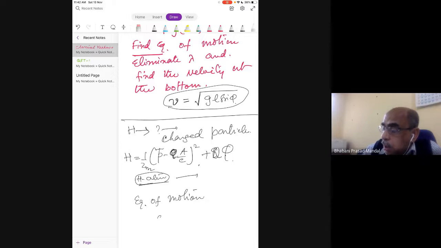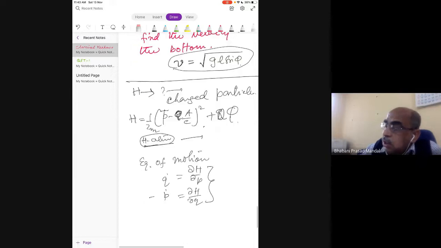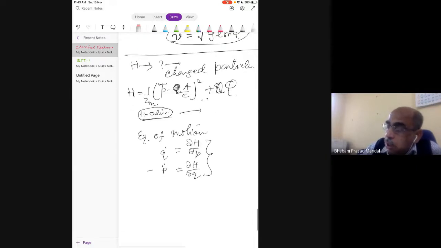That is q dot equals del H del p, and p dot equals minus del H del q. Find these equations of motion from this Hamiltonian, and then these equations of motion will give you the Lorentz force law.